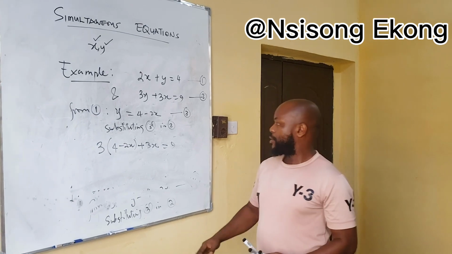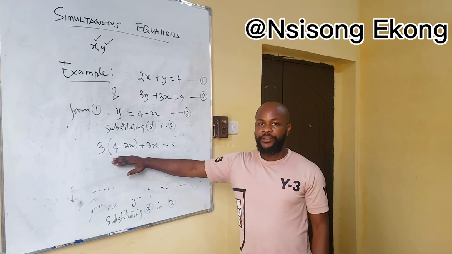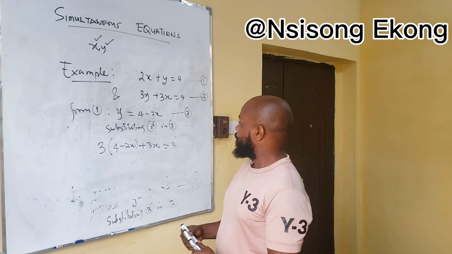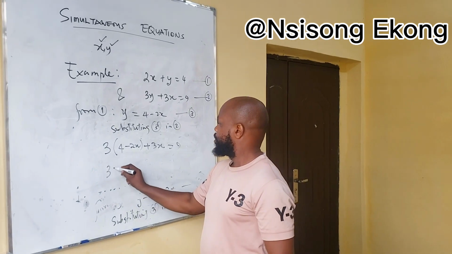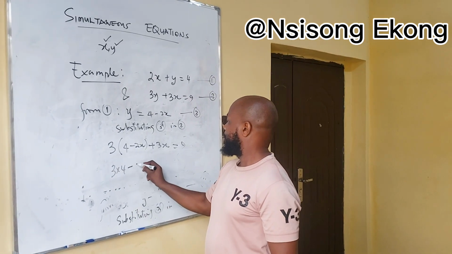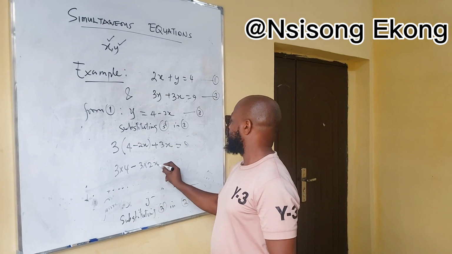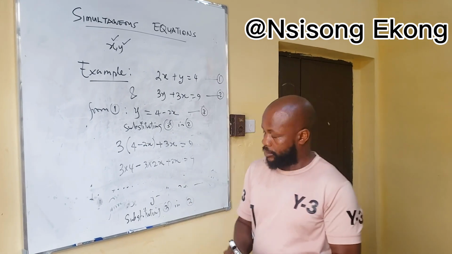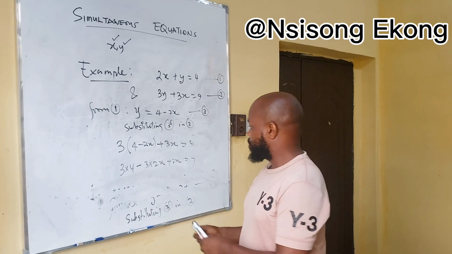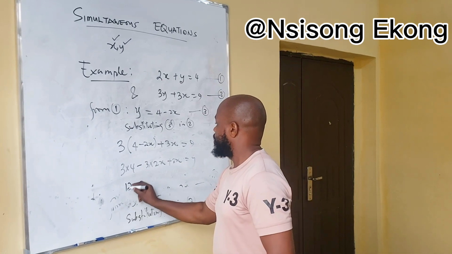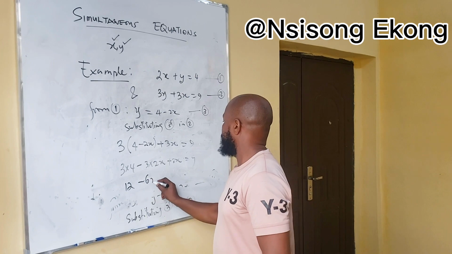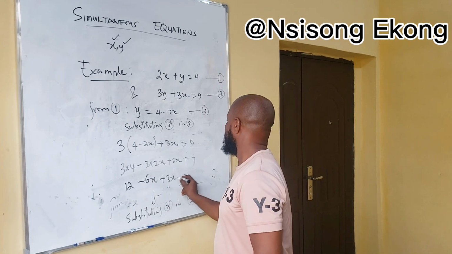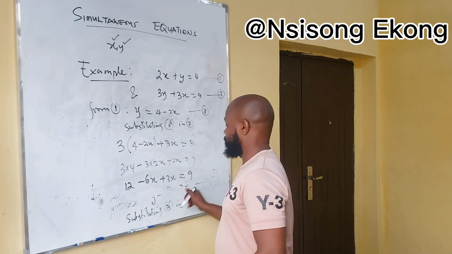Using PEMDAS, we know that we need to tackle whatever we have in the parentheses first. So opening that up, we have 3 times 4 minus 3 times 2x plus 3x equals 9. That gives us 12 minus 6x plus 3x equals 9.